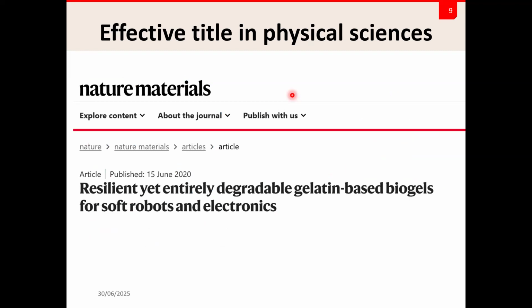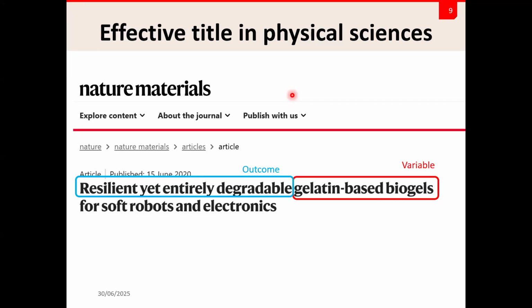What is the variable in here? Gelatin-based biogels. So what is the outcome here? Resilient yet entirely degradable. So what is the sample? It's simply soft robots and electronics.